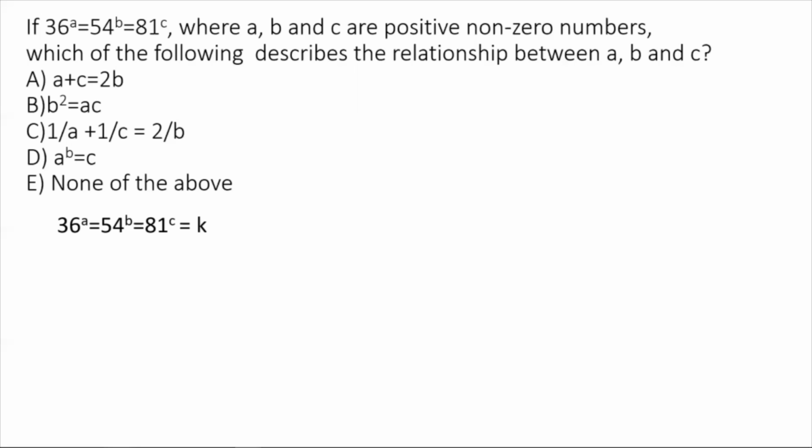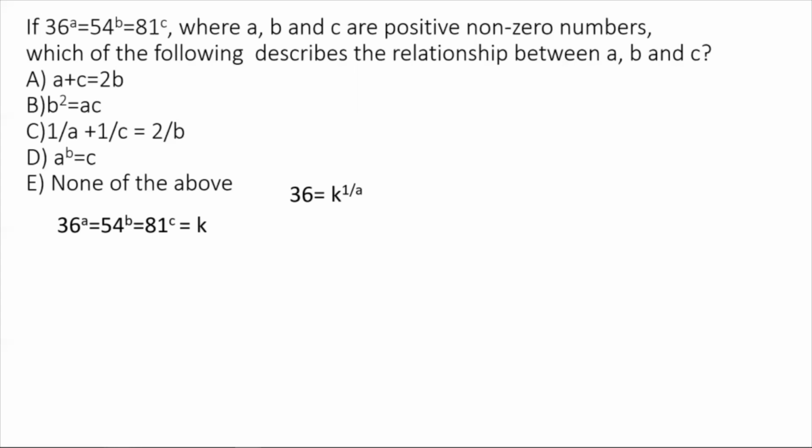So let's call the variable k. So 36 to the power a is equal to 54 to the power b equal to 81 to the power c equal to k. And that can actually sometimes make things simpler and quicker and less messier. And we will see in this case.